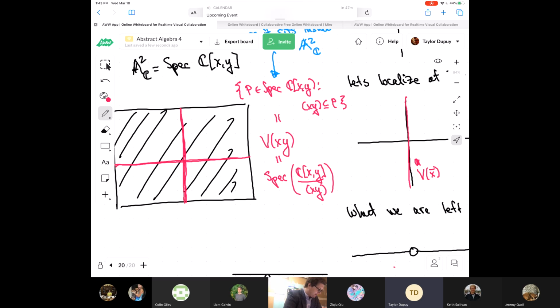Not only is it this subset, it's this quotient ring. So closed subschemes correspond to quotients of rings. Closed subspaces are quotients, and open subspaces are localizations.